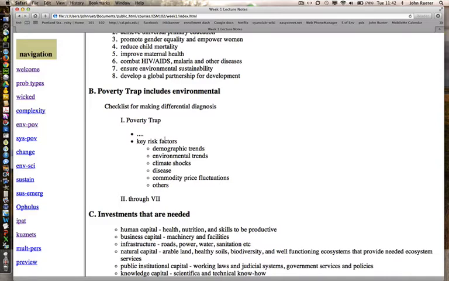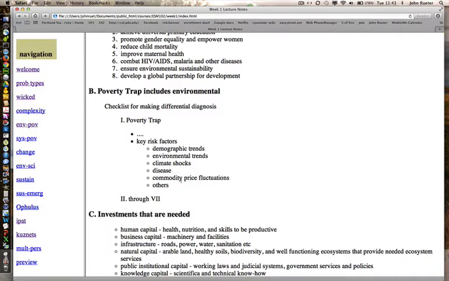I'm going to talk about it in just a second, but you can see that the key risk factors for that trap are population, trends in the environmental degradation, climate shocks such as droughts or floods, disease. Often these diseases are related to the aftermath of poor nutrition or a flood, and then commodity price fluctuations that really impact small-scale farmers. They don't have money for insurance for this, and if there's a flood or drought, it wipes out their crops. So these are all things, all interrelated to the environment and the population and what technology they use.